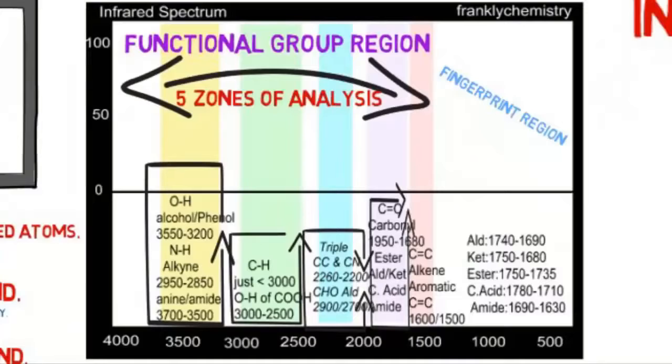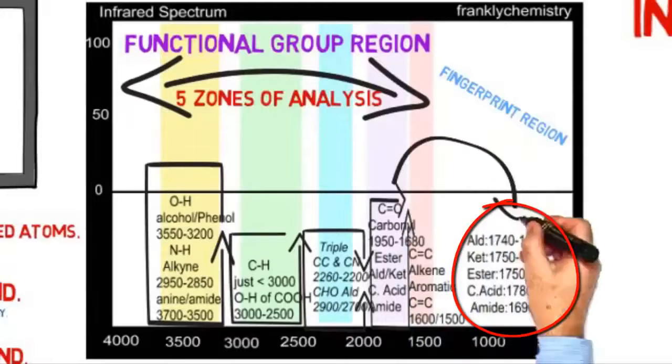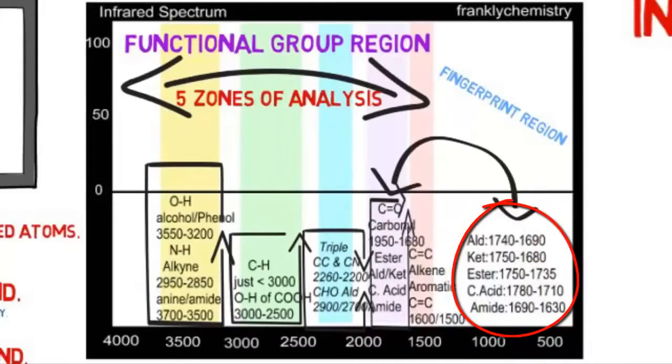Then in lilac here we have the fourth zone of analysis, and this is where you get the C double bond O stretch. But then C double bond O is common to a number of different functional groups, and over to the extreme right corner there you can see that you get C double bond O in aldehydes, ketones, esters, carboxylic acids and amides, and you can see where those peaks will be found.